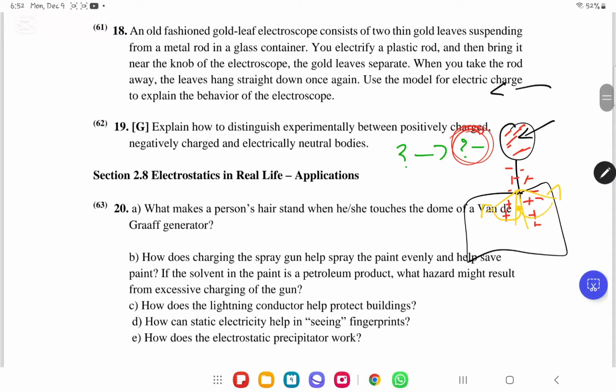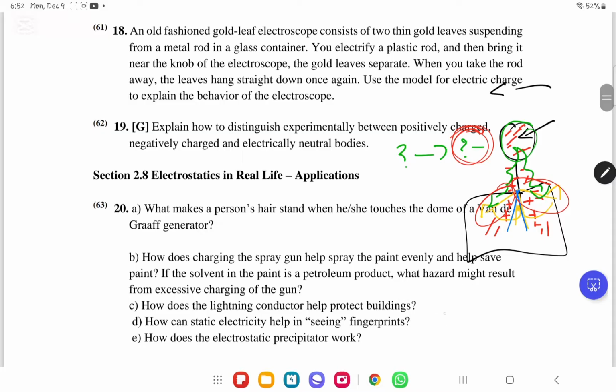Now, if it is negatively charged, what's gonna happen is that the negative charges are gonna come down again. And then the leaves are gonna go back to how they were originally, because at some point it becomes neutral, same positive, same negative. But then, because of the excessive amount of electrons falling down, it's gonna end up being negatively charged here and negatively charged here, so it is gonna return to repelling like this.